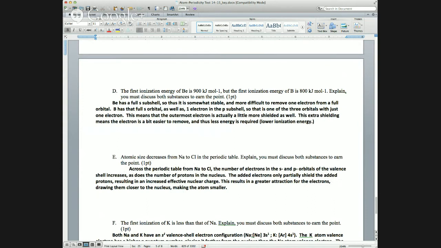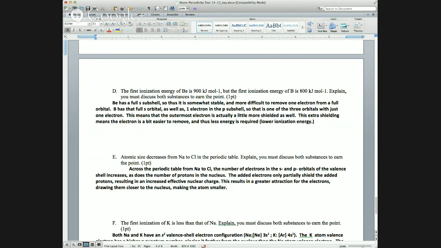So you would say something to the effect of boron has 1 more proton than beryllium. So while you might expect it to have a stronger effective nuclear charge, the extra electron that's added with the proton is the first electron added in the 2p subshell.